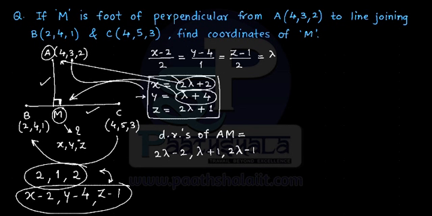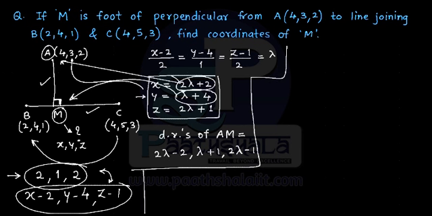Okay, so these are the direction ratios of AM, and the direction ratios of BC are already known. They are 2, 1 and 2. Now since the two lines are perpendicular, when we take the corresponding products of direction ratios, their addition must be 0 as per the condition for perpendicularity, correct?